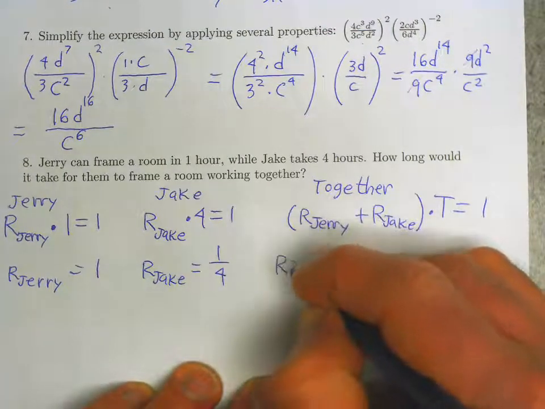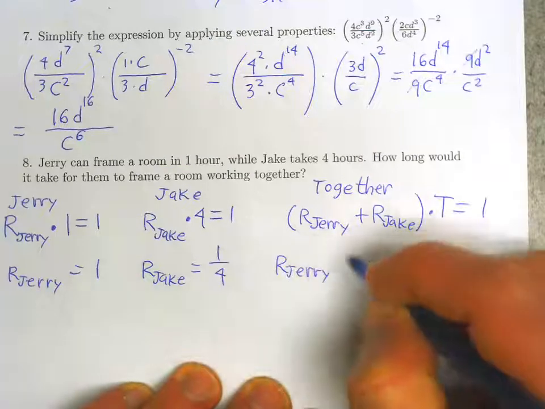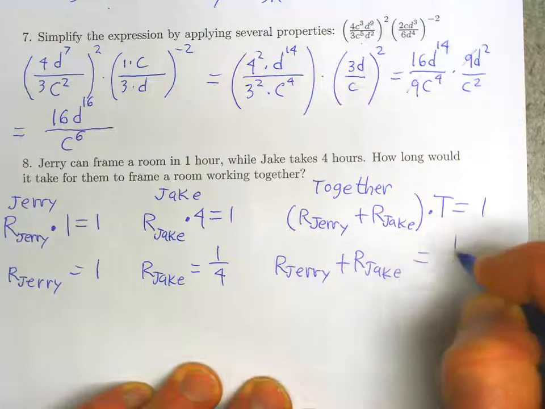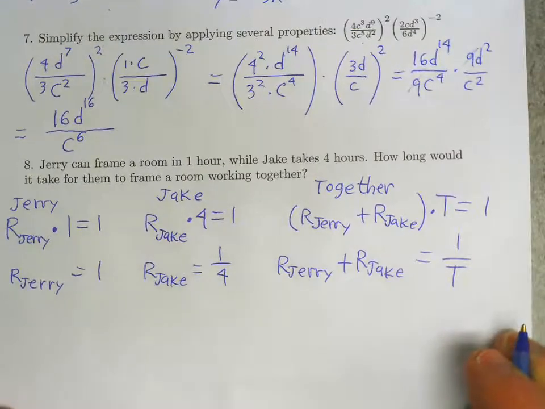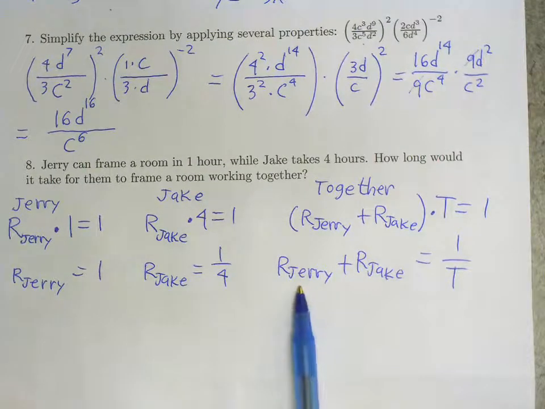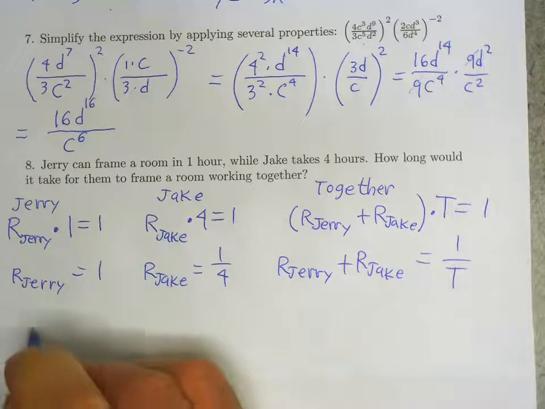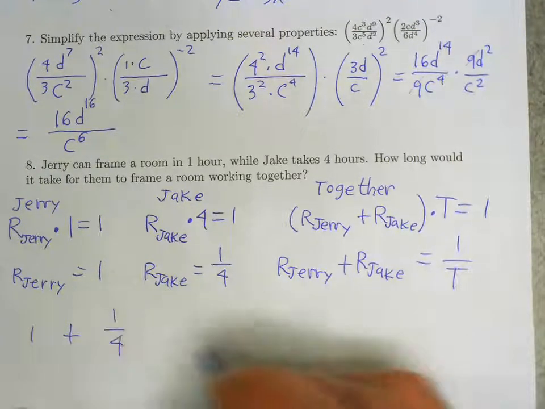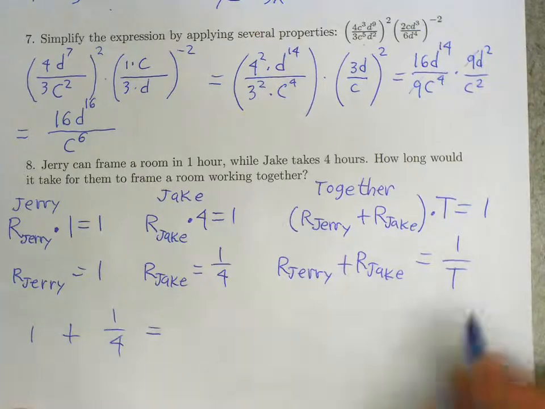And then Jerry's rate plus Jake's rate is 1/t. Okay, then replace Jerry's rate with 1, so we get 1 plus Jake's rate, which is 1 plus 1/4, equals 1 over t.